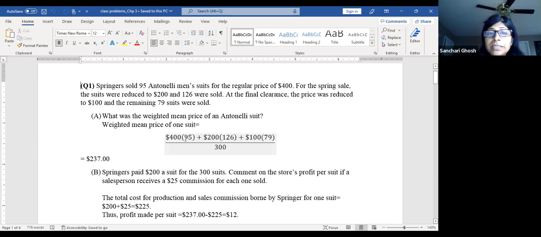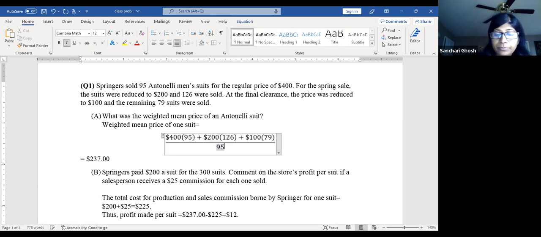So you must take the 95 at its face value and then think about how many were sold at the lesser reduced spring value. So these weights, and I already put the math equation there, are nothing but the 95 plus the 126 suits plus the 79 suits, the total of 300 you just saw, and the weighted average, if you do the calculation, seems to be 237.